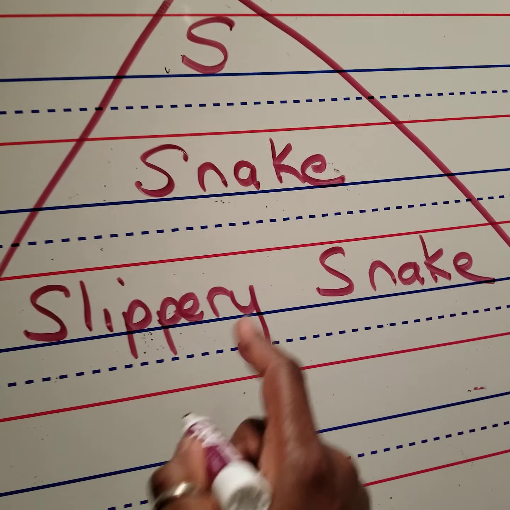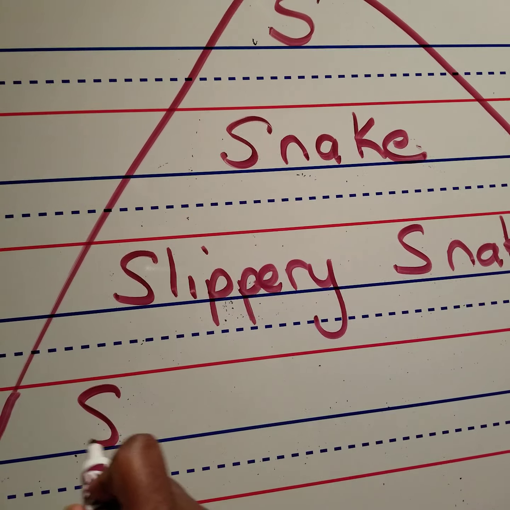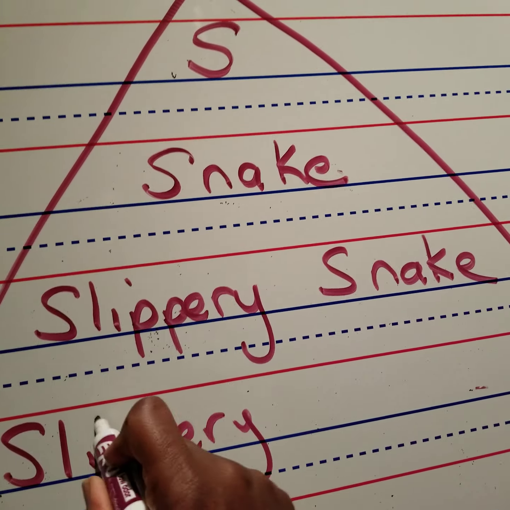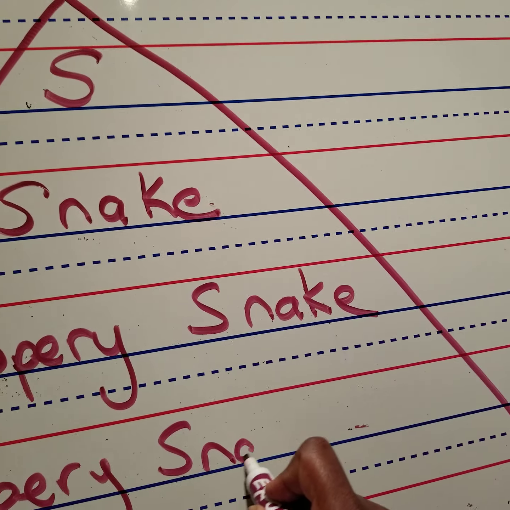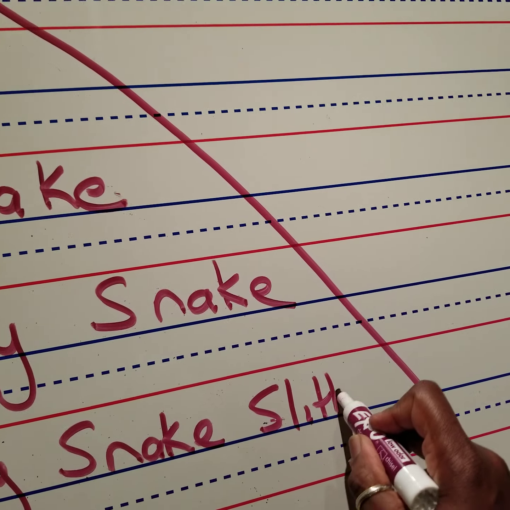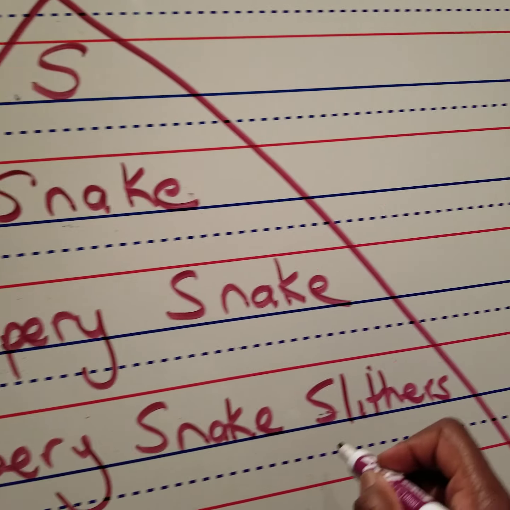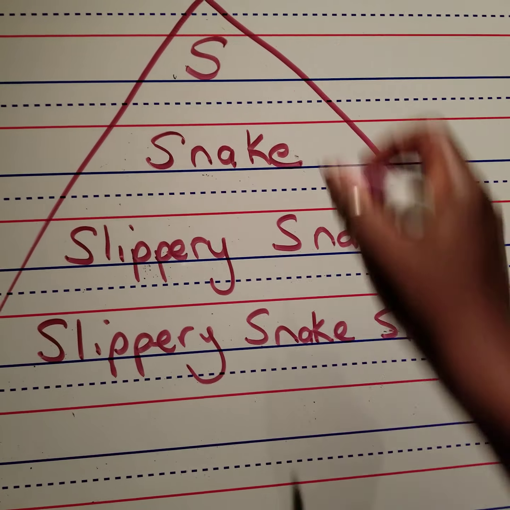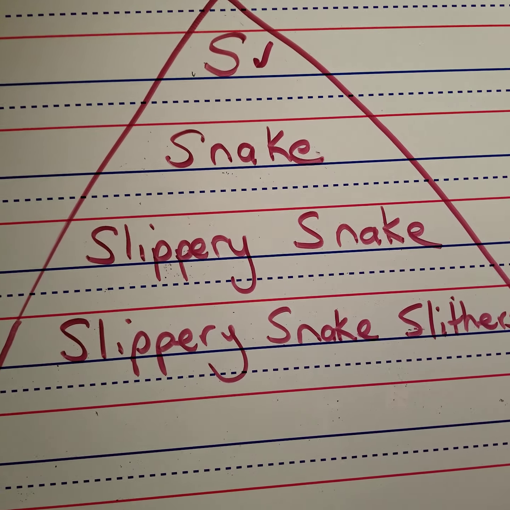So I'm going to continue to write the same thing. That's what makes it easy. Slippery snake slithers. All right. Notice that all of my words start with that first letter S.